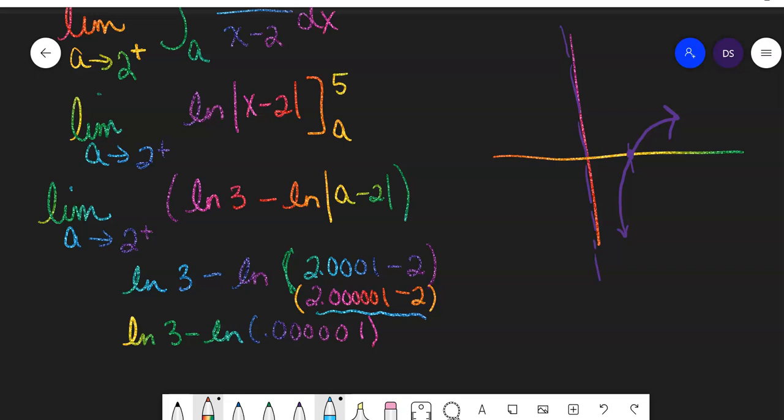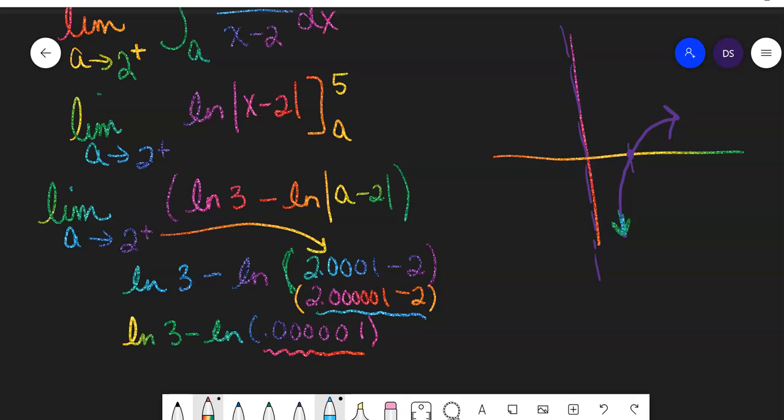Hopefully you're thinking 0, because the closer this decimal here gets to 2, the closer their subtraction or their difference would approach 0, because this would be 5 zeros and a 1. So then, in order to answer this, we have to think of the natural log graph. So again, this decimal will keep getting closer and closer to 0 as the decimal we substitute in gets closer and closer to 2. And as this graph gets closer and closer to 0, what's happening to the y values?